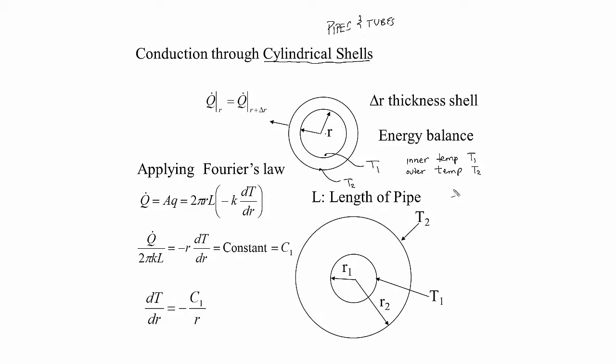We're interested in understanding what the heat transfer rate is for this tube. We're going to talk about the heat transfer rate in this particular section either as Q prime, which will be watts per meter, so the heat transfer per unit length of the pipe, or simply in terms of Q dot, which will be the total amount of heat that's transferred through this pipe, again, over the overall length of the pipe.